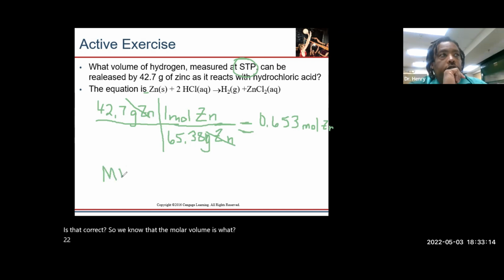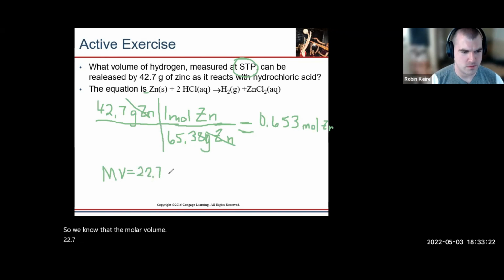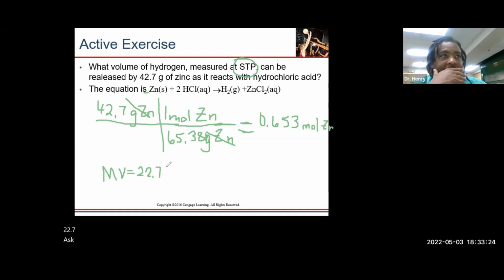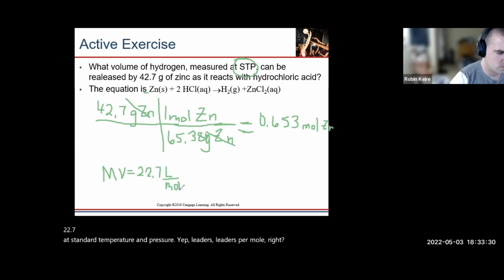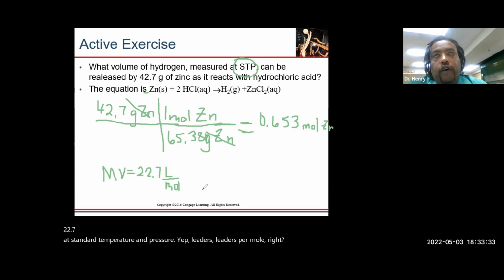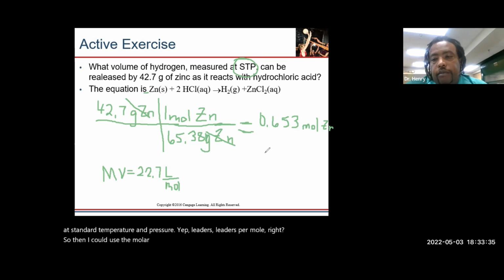So we know that the molar volume equals 22.7 liters per mole at standard temperature and pressure, right? So then I can use the molar volume just by multiplying by the number of moles. So I'd have to use that mole to mole ratio, which I know is a 1-to-1 mole to mole ratio.